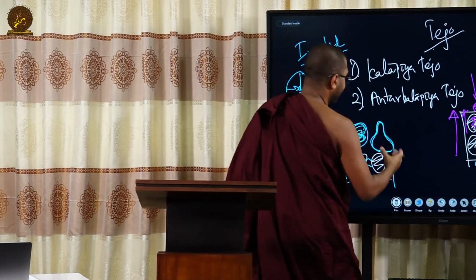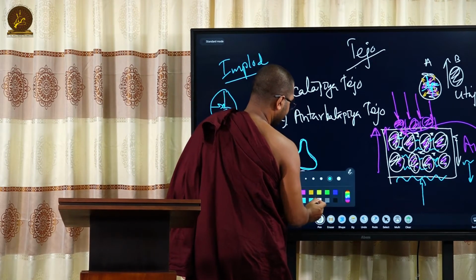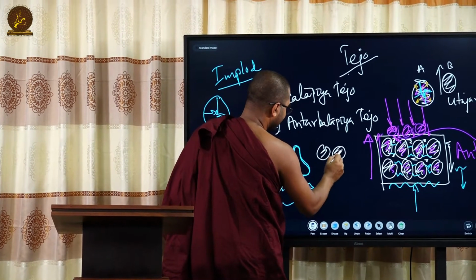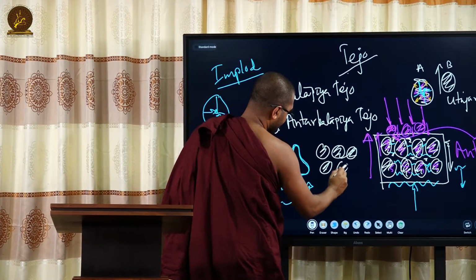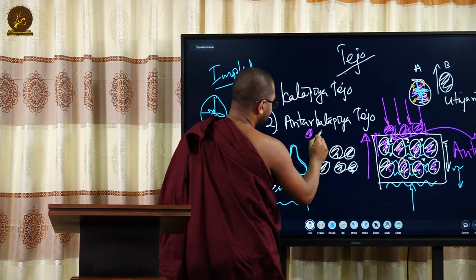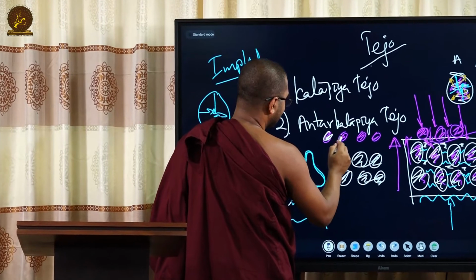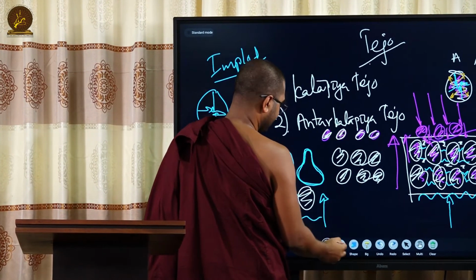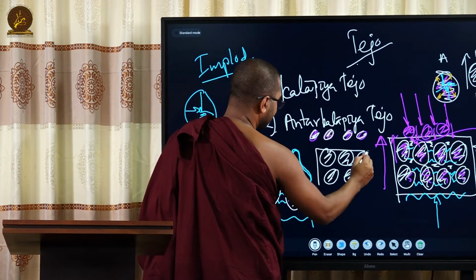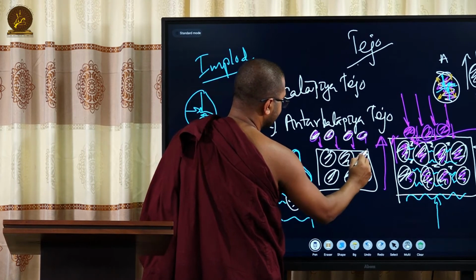Then another explanation is utuppachaya. Utuppachaya means a material body is always in a certain environment, and in that surrounding environment there are rupa kalapas with tejo. These rupa kalapas, this tejo, do affect the material body.